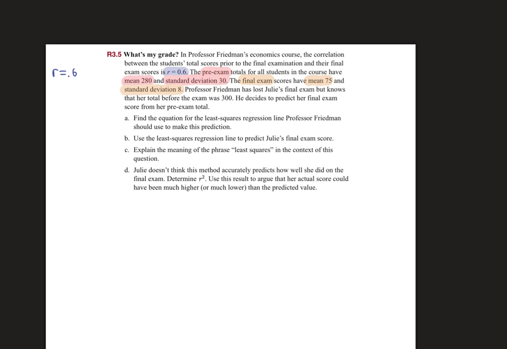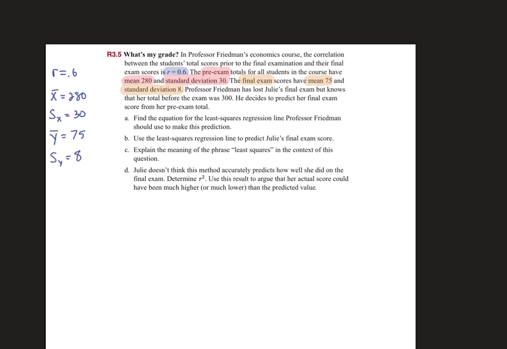So the pre-exam mean is x bar, which is 280, and the pre-exam standard deviation, Sx, is 30. Then the final exam mean, y bar, is 75, and the final exam standard deviation is 8.